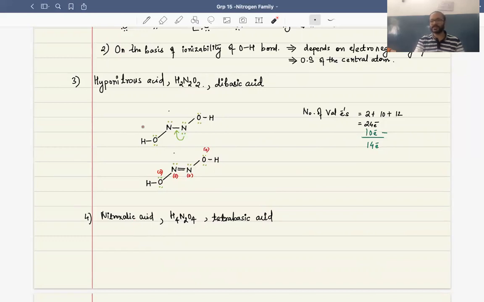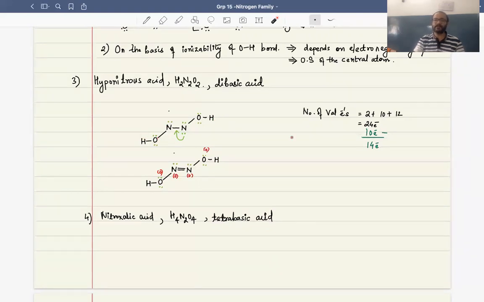So this structure I have drawn for hyponitrous acid very simply using VSEPR theory. First, I calculated the valence electrons and found them to be 24. I arranged these atoms in the best possible way, keeping the nitrogens as the central atoms. We know that it is a dibasic acid, so the only possible way we can draw it as a dibasic acid is in this format.